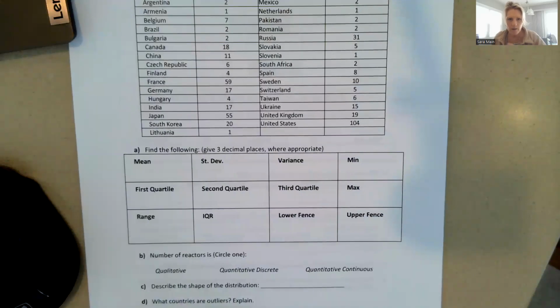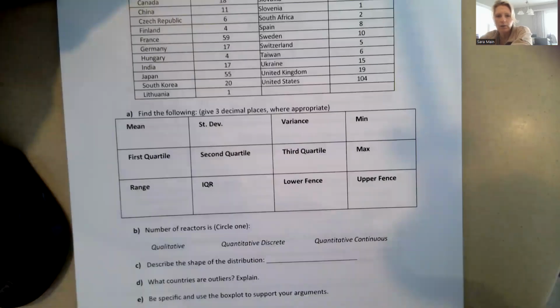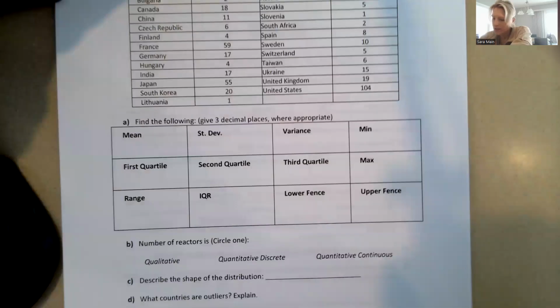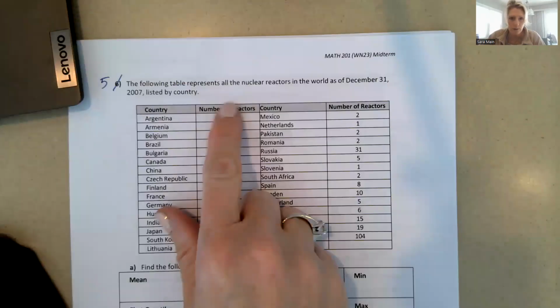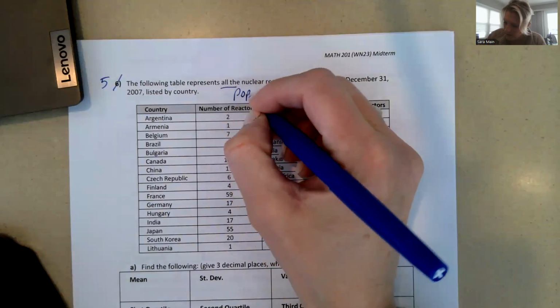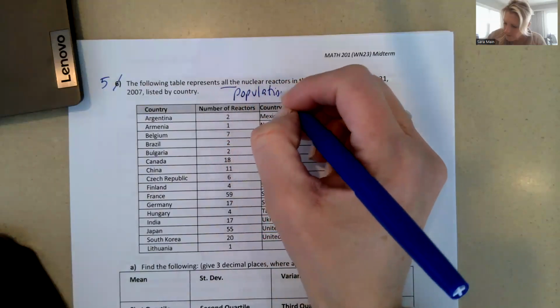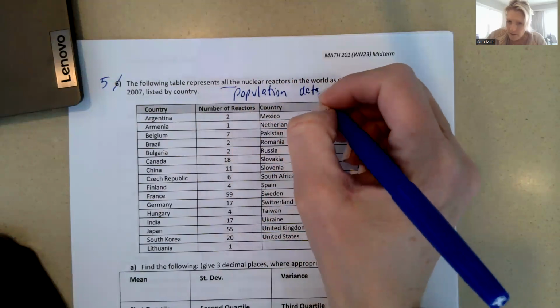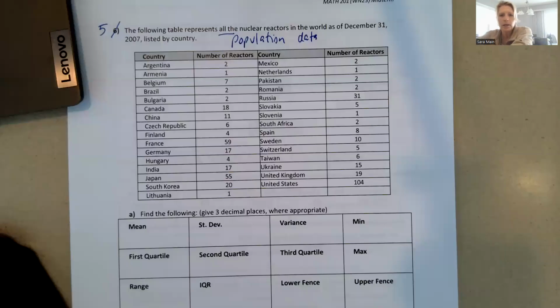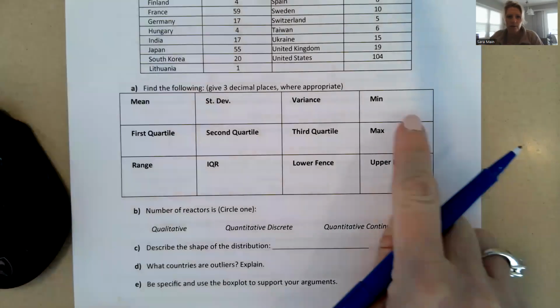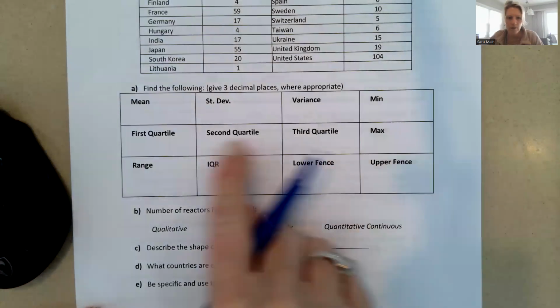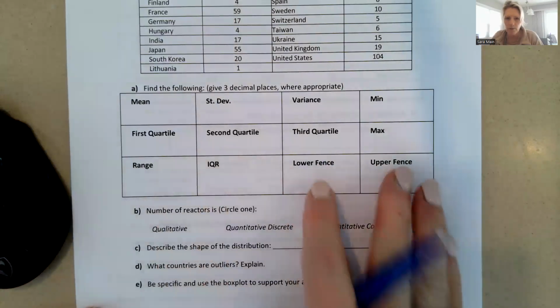These are the items that we're going to want to find out to learn about this data set. It is all of the nuclear reactors. So that's something to remember, that we have population data. And we want to learn about the mean, standard deviation, variance, things that come from the stats, the IQR, the lower and upper fence.